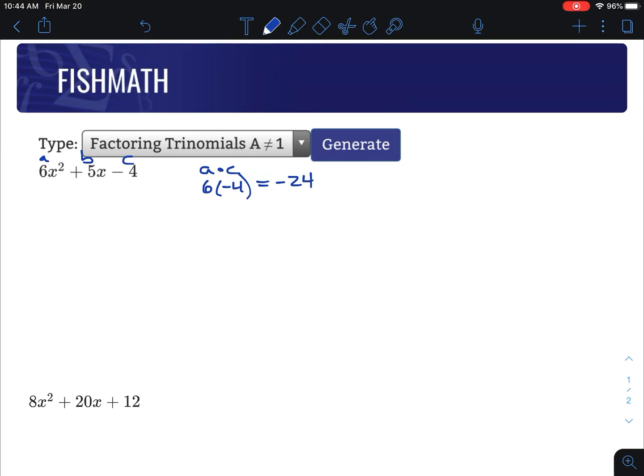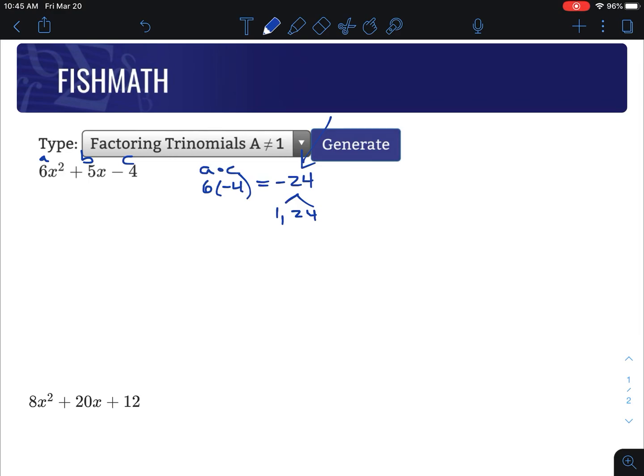Okay, so like how we did with trinomials where a is 1, but a little bit different here, we're looking to see what multiplies to this number instead. Not just what multiplies to c, but what multiplies to a times c, but still adds to b. So we need two factors that multiply to negative 24, but they add to a positive 5, because that's our b value. So you can go through the list of options. You could do 1 and 24, of course one of them being negative since our product is negative.